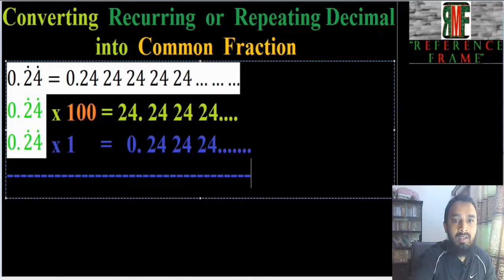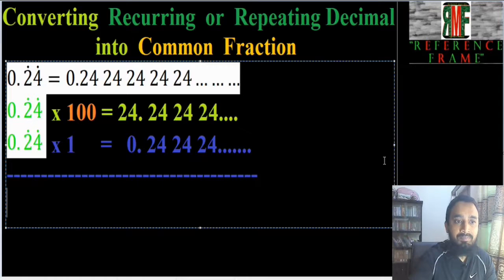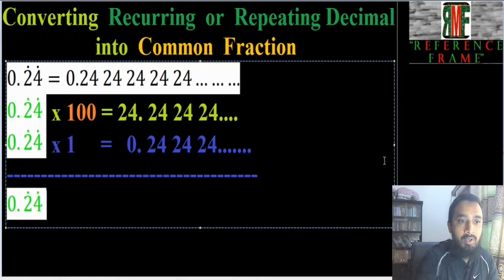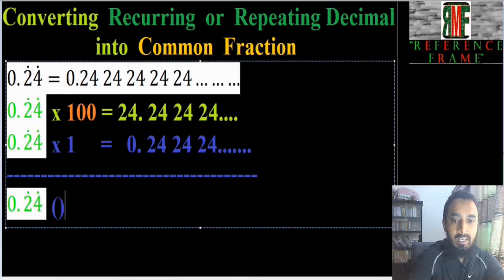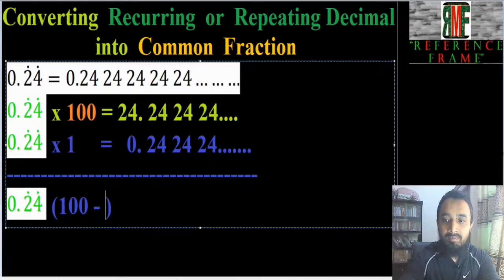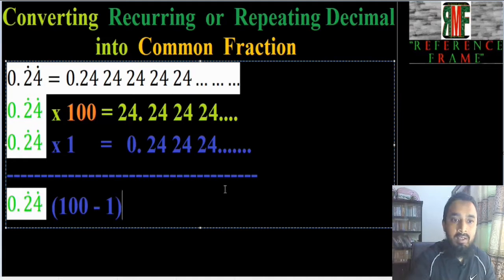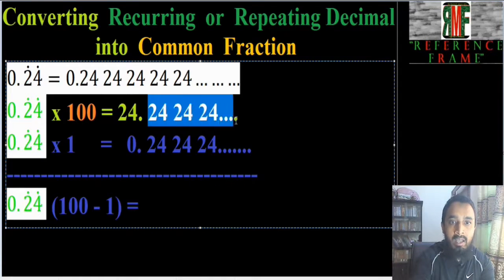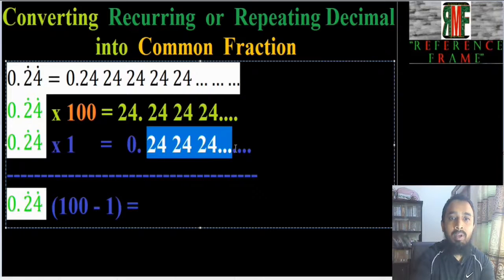Look, on the left hand side we're going to have 0.24 times (100 minus 1). And on the right side, look, what are we going to have? All of the repeating part on the right side is omitted because it's the same thing.